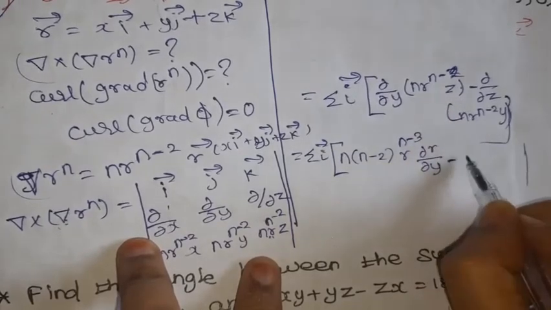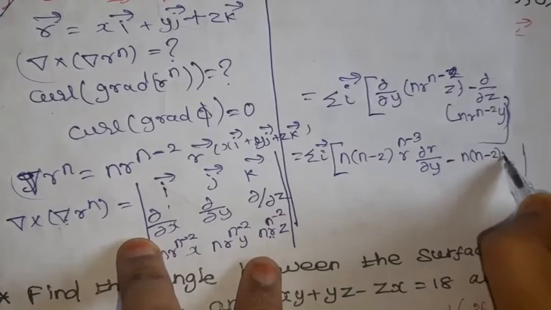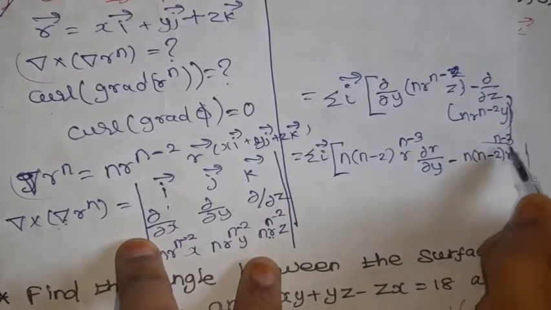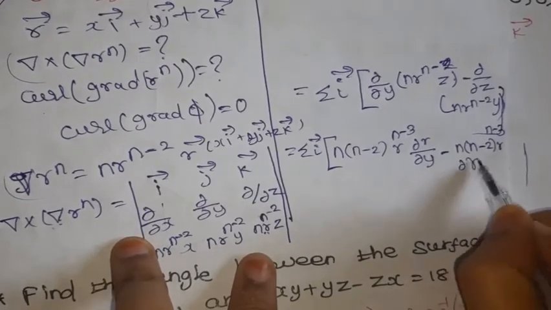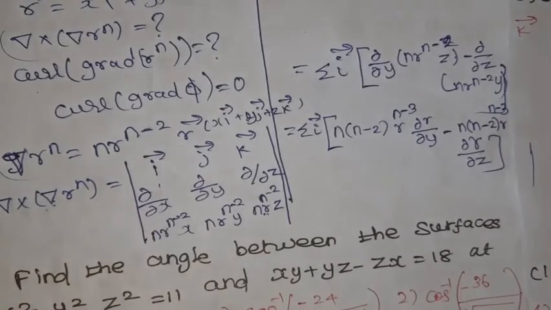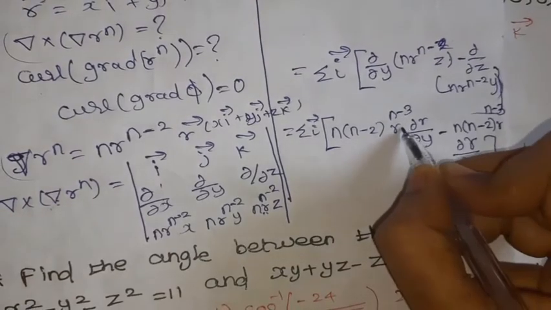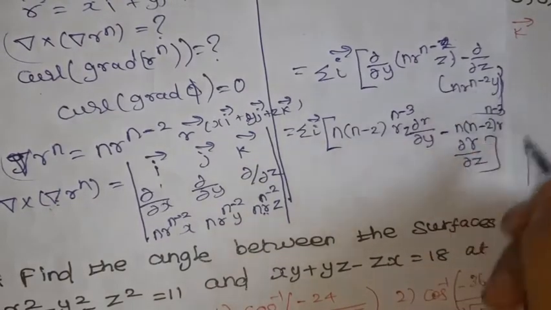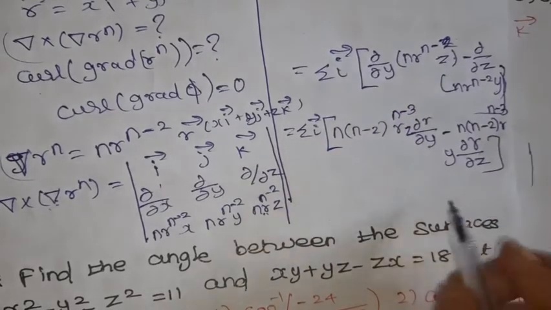Similarly for this, n into n minus 2 into r power n minus 3 into y into dou r by dou z. We know what is dou r by dou y. Here also z and y come.